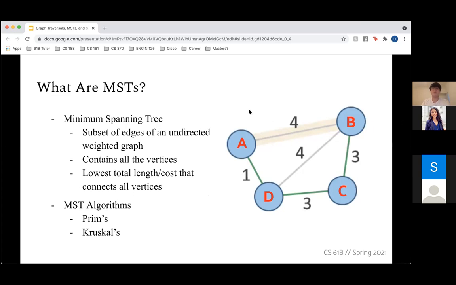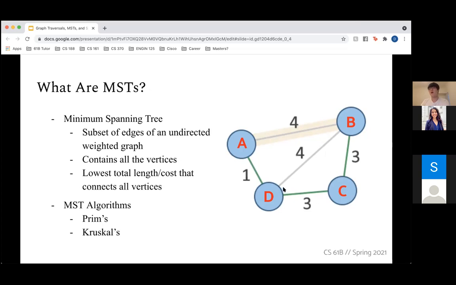We can see in our example to our right, we have a graph with vertices A, B, C, and D, and we're connecting these vertices using the edges 1, 3, and 3, which gives us a total weight of 7.